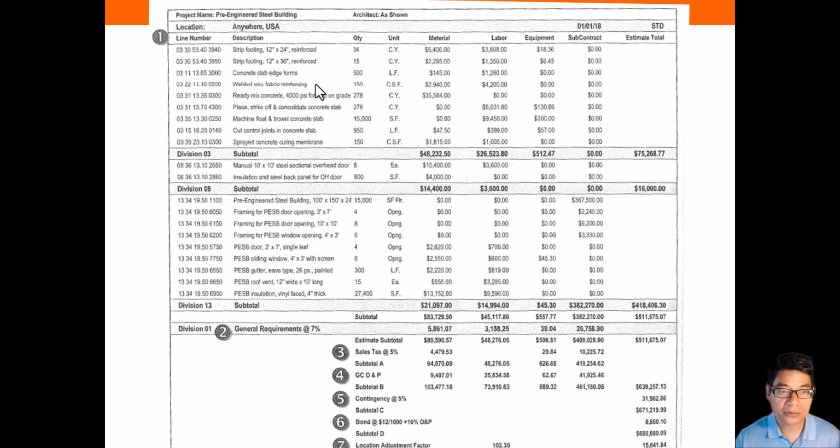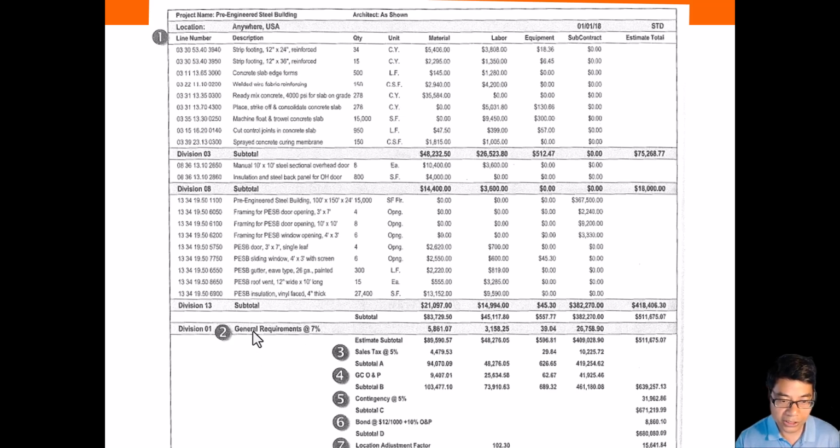Once you figure out all the line items and associated material, labor, equipment cost, and also the subcontracts, that's all your direct costs. So now we can just add them up and start figuring out the indirect cost.